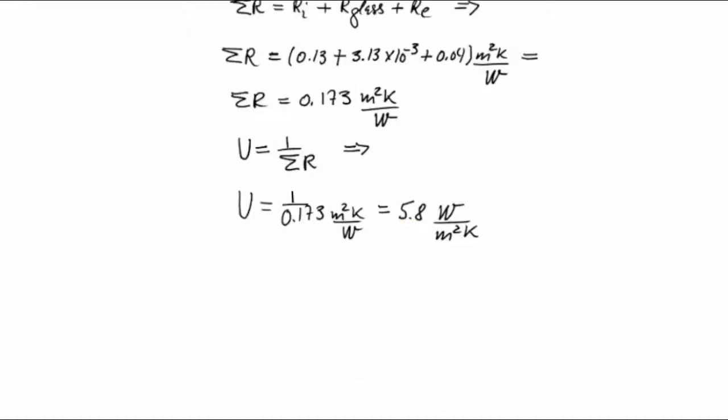Now we only miss to find heat transmission per area, and heat transmission per area takes the symbol capital Phi divided by area, and that is equal to U value times temperature difference.